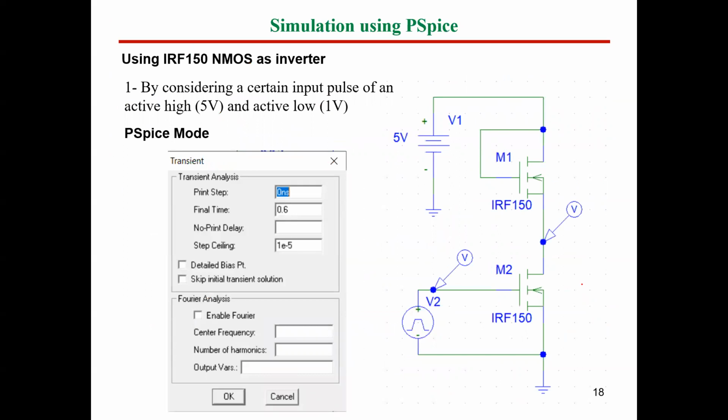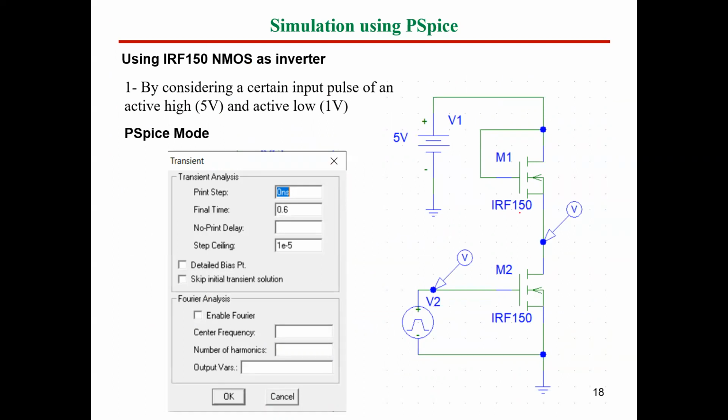Now, let's make a simulation in order to investigate what would be the range of control of this circuit. So, for instance, I selected one of the well-known MOSFETs used in industry, which is IRF 150.